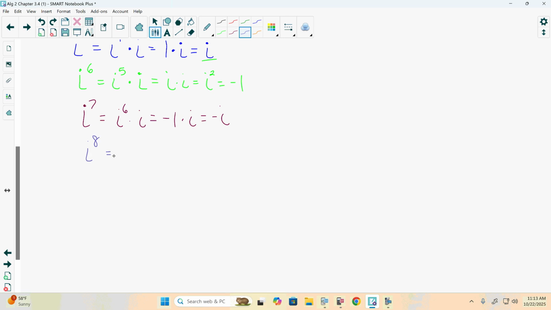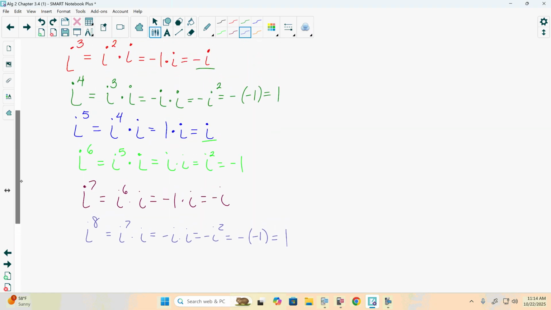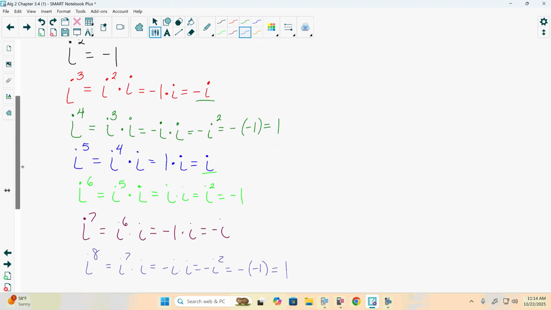Now, if we look at i to the eighth, it's 1, because i to the seventh times i, which is negative i times i, is i squared, negative, negative. We can keep doing this pattern, but what do we notice?